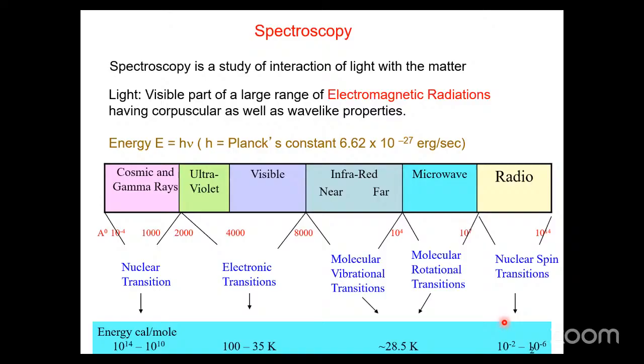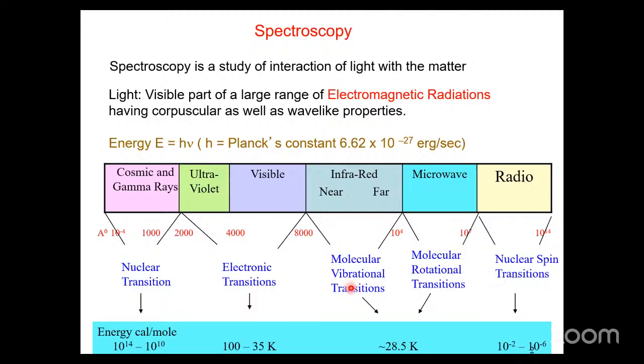With the highest energy in the gamma and cosmic rays, we see nuclear transitions like nuclear fusion and nuclear fission. In the UV and visible range, we observe electronic transitions like sigma to sigma star and pi to pi star, which show a very broad type of spectrum.